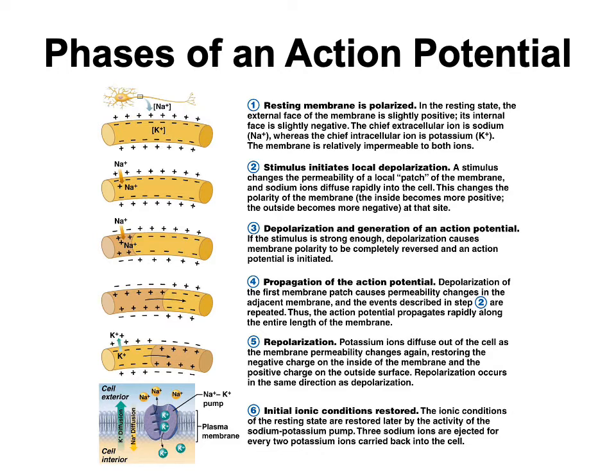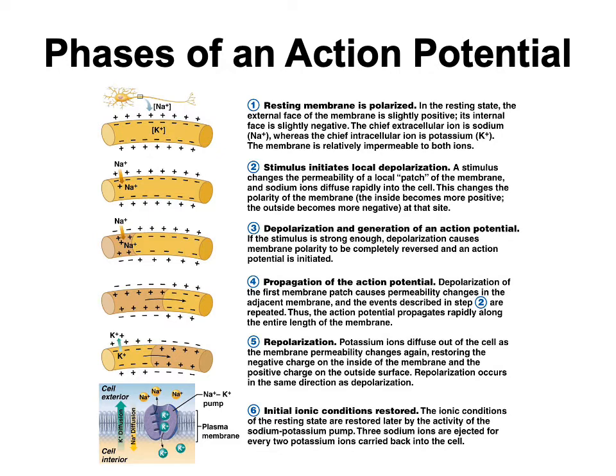So once it receives a stimulus, phase 2, it'll initiate local depolarization. This depolarization wave will spread, and if it's strong enough, it will cause depolarization of the entire neuron, which is phase 3. This depolarization will generate an action potential. Phase 4 is where the action potential itself now is self-propagating.